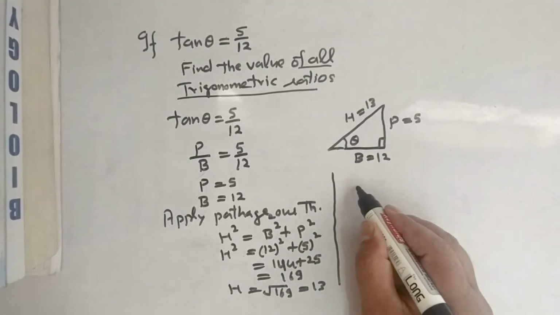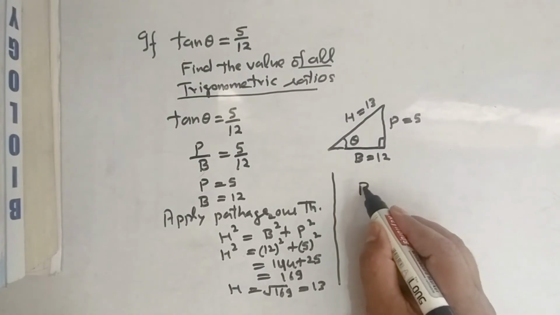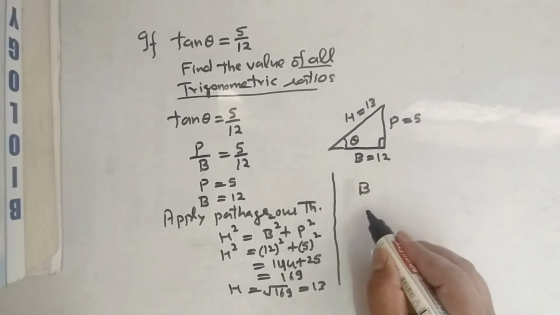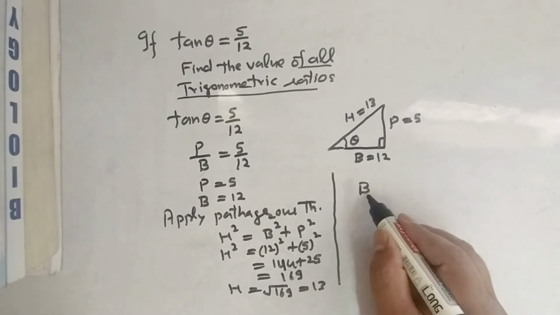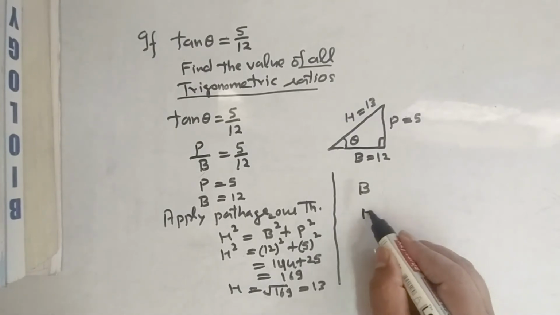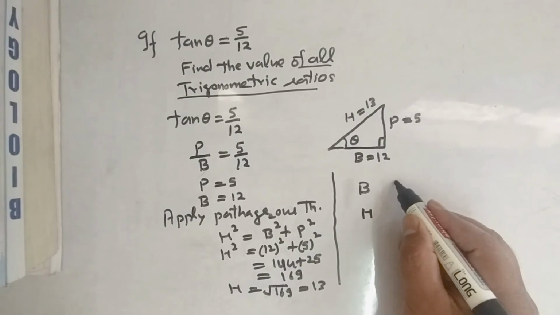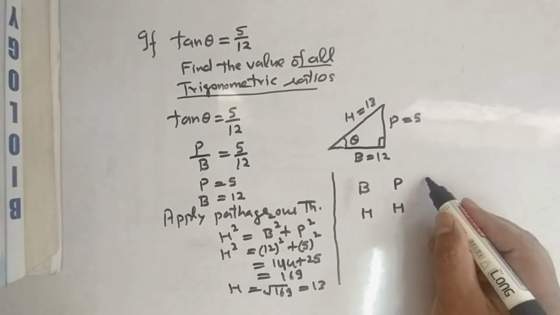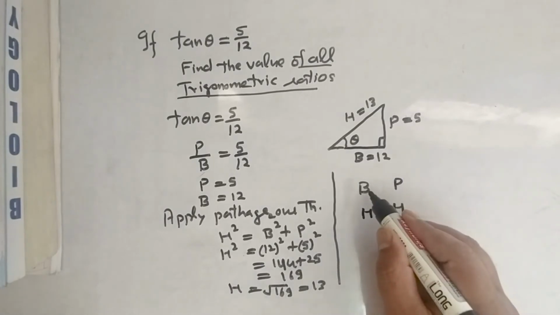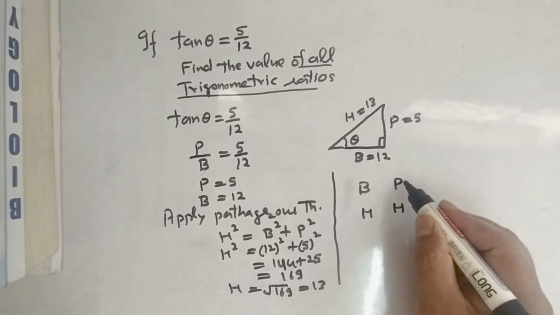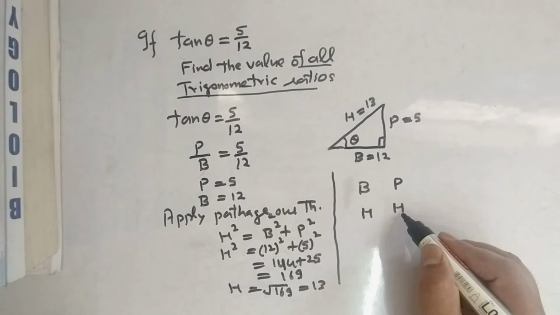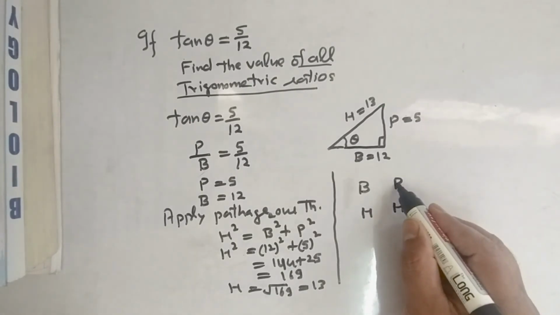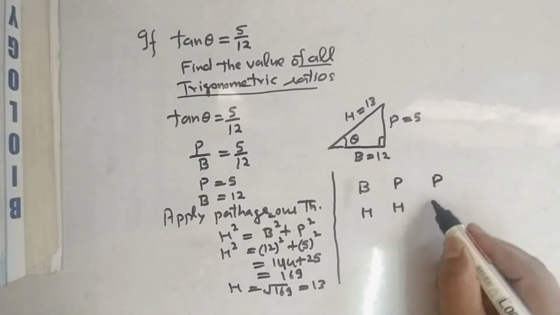This is base, base upon hypotenuse, this is perpendicular over hypotenuse, and this is perpendicular over base.